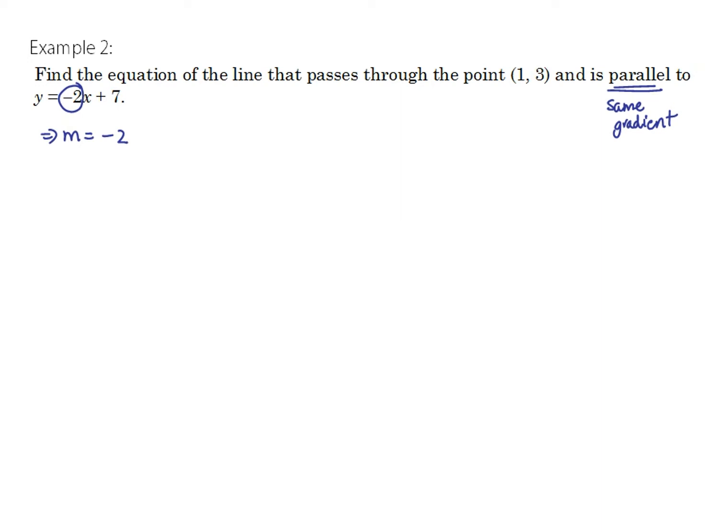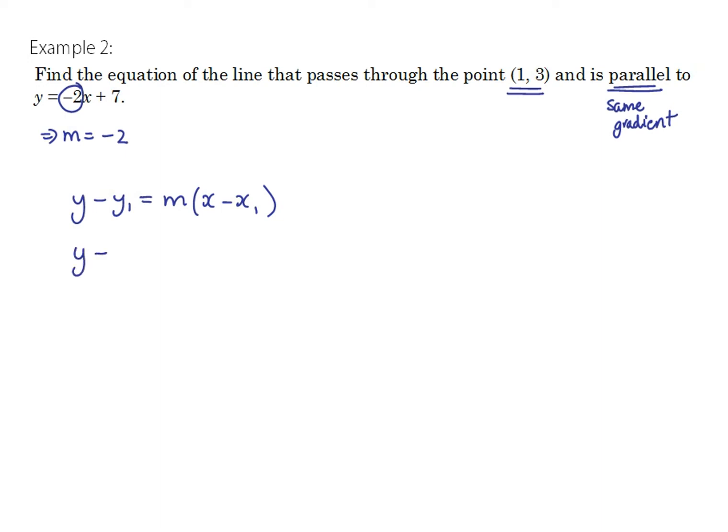So we've been given the gradient and a point, not the y-intercept. So I'm going to use gradient point form. So y minus y1 is equal to m brackets x minus x1. So x1, y1 is my point, 1, 3, and m is my gradient.